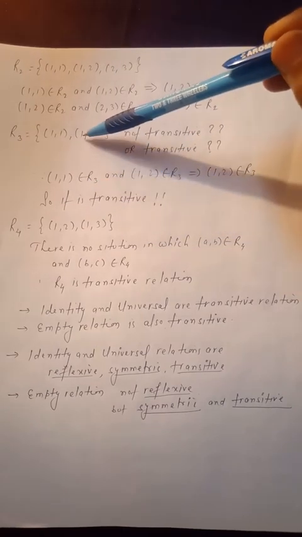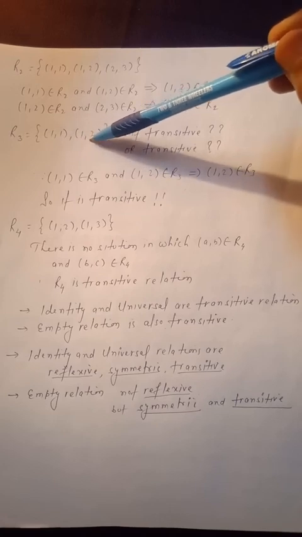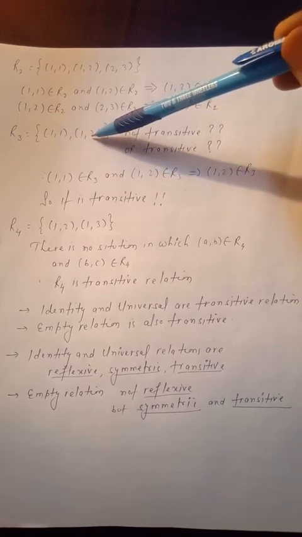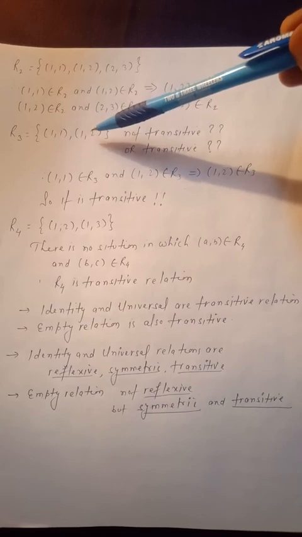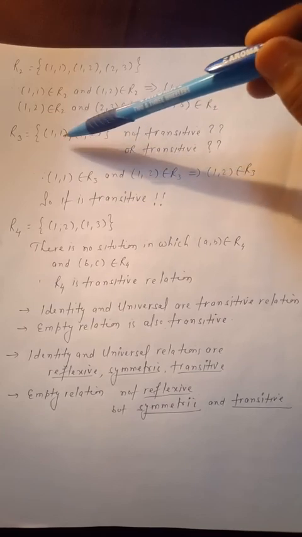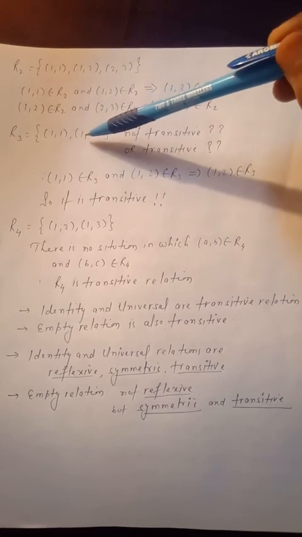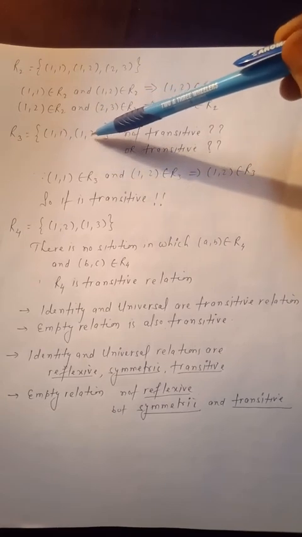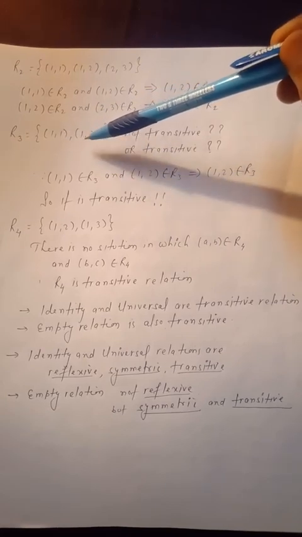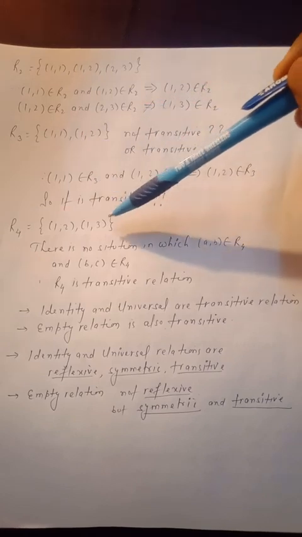Now forget about this second element because there is no such pair present. So when there is no such pair present, we will assume it is transitive, because here only one condition is true, but for this element there is no such pair, so we will assume it is transitive.